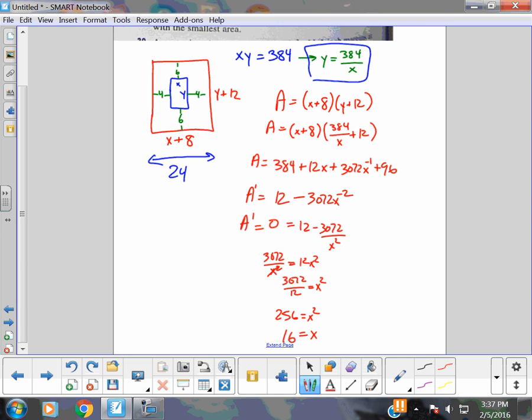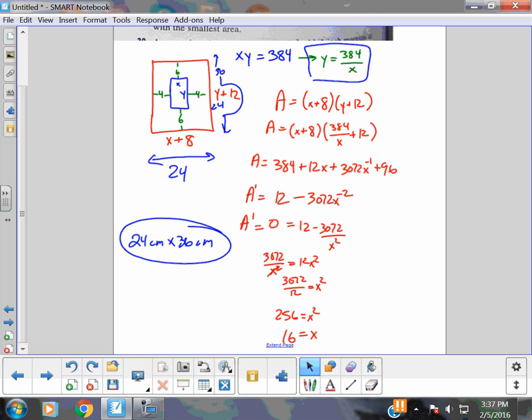There's no reason to really overthink this. Take 384 divided by 16, and I get Y is 24. So I get that the length here is 36. So the smallest paper is 24 centimeters by 36 centimeters. And we have optimized the poster size with a fixed print area.